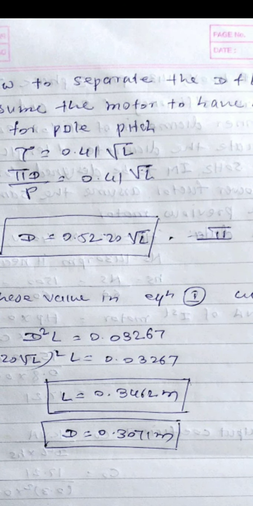This value should be put in equation number 1, d square L equal to 0.03267.